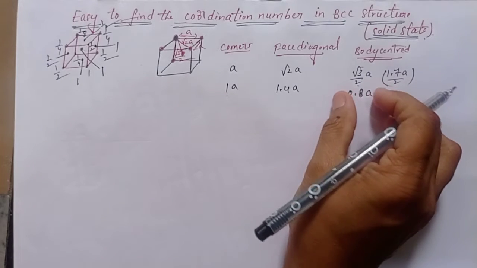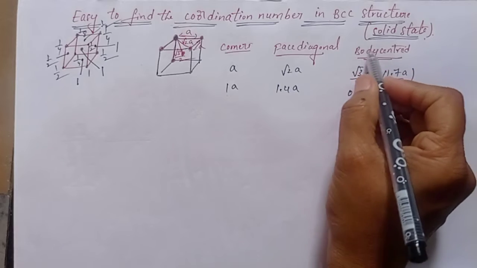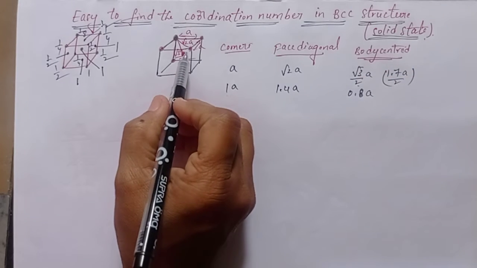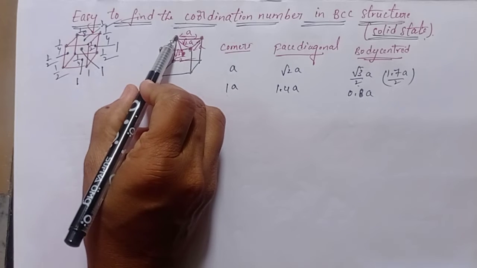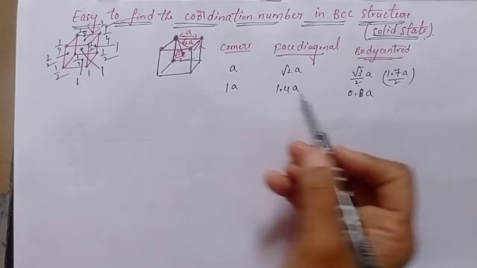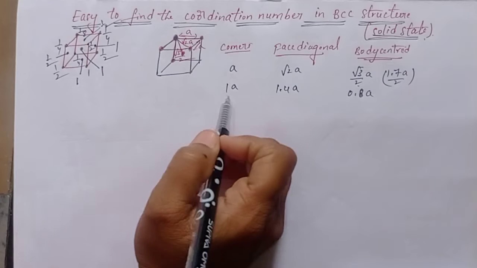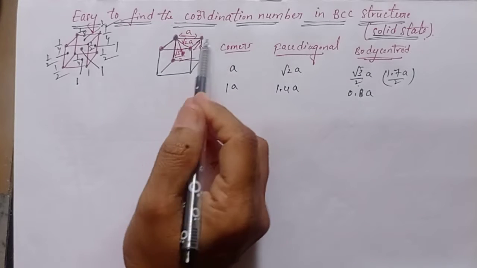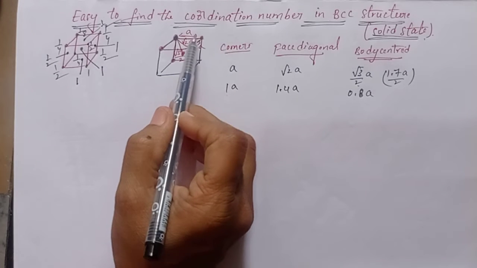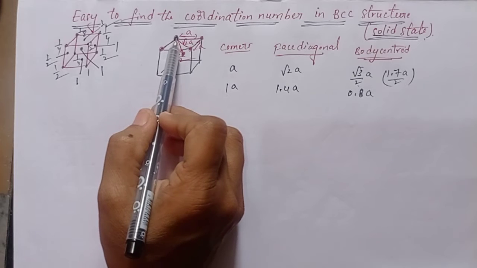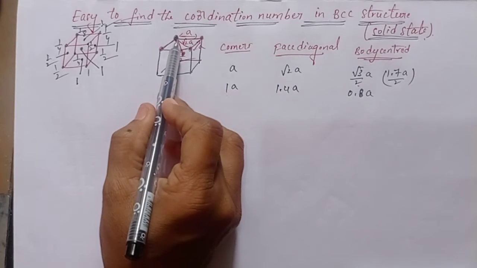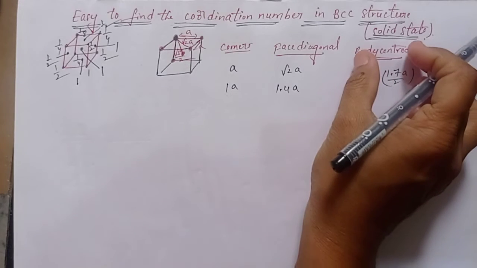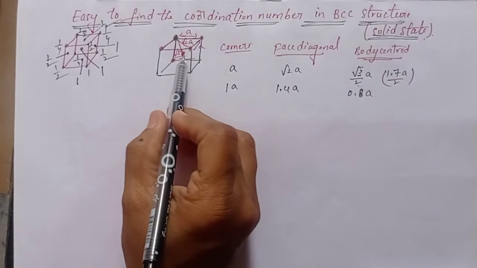That means the body centered particle is very close to the considered corner particle. Clear this one? So it is the first nearest, and the second value is the corner particle, 1a. So this corner particle is the second nearest particle to the considered corner particle, and the third is the face diagonal particle, the third nearest one. Which is the first nearest particle? The body centered particle.